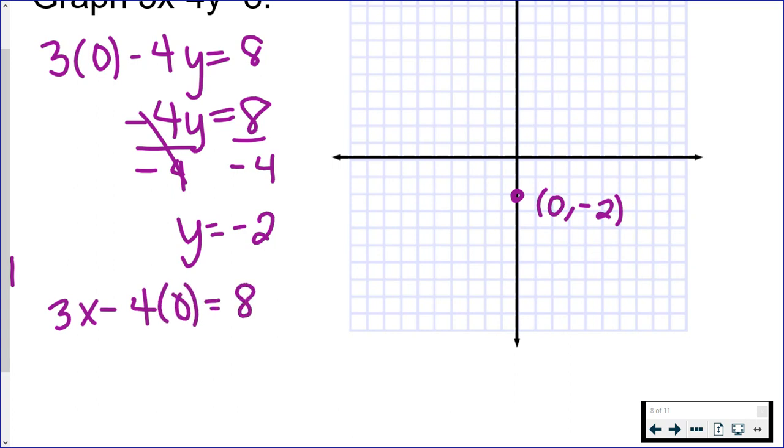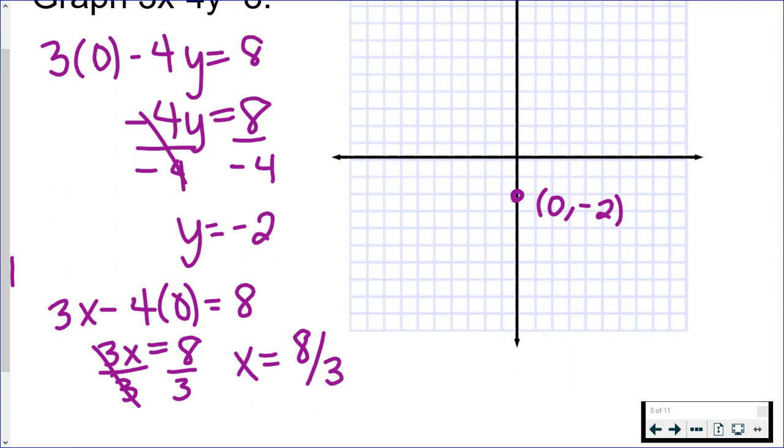So this time, y goes away. And we end up with 8 over 3. Now, you don't have to leave it as a fraction if you don't want to, especially because we're going to end up graphing it anyway.